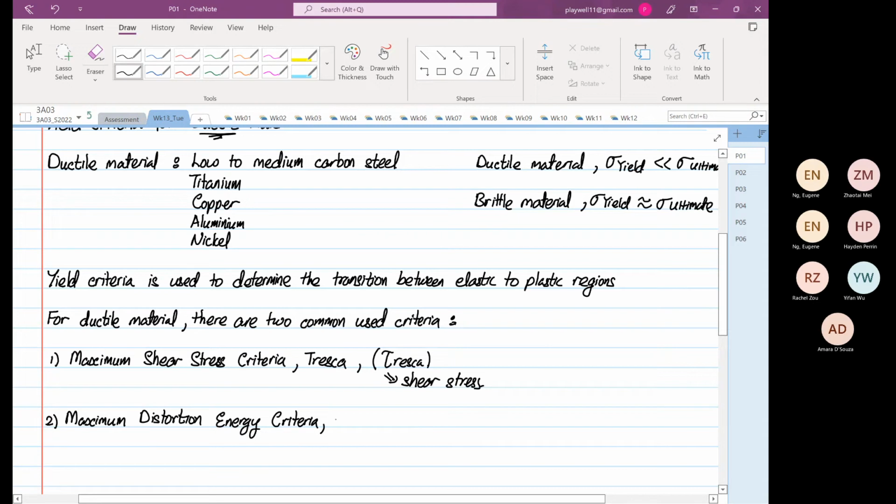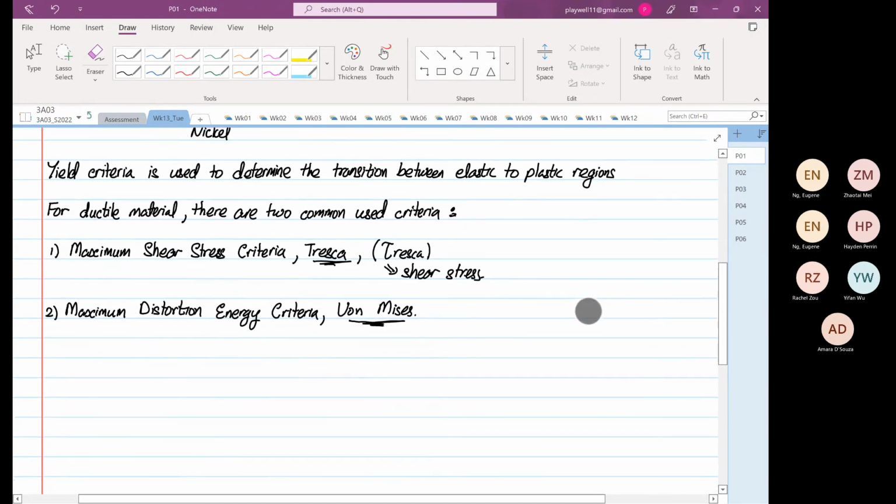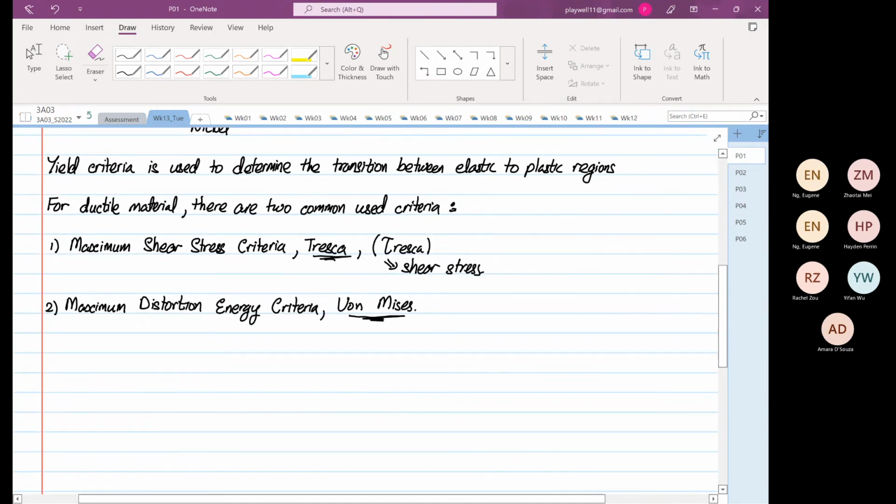Usually the name comes as von Mises. These are the names of the creators of the theory. Today we'd like to focus on the maximum shear stress criteria, and then on Thursday we're going to look at the maximum distortion energy criteria.